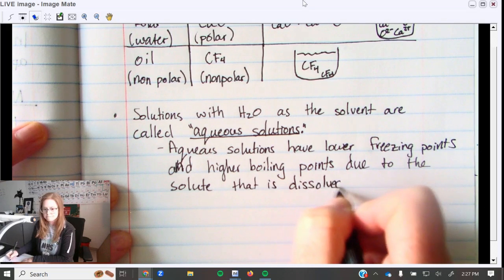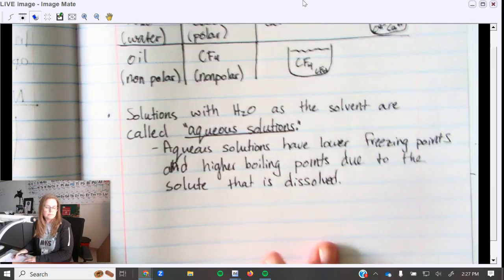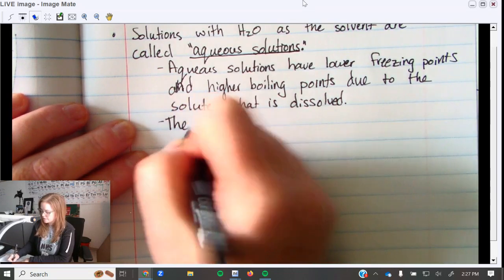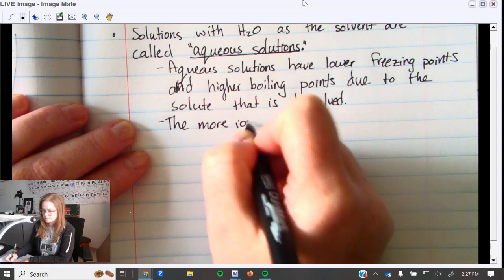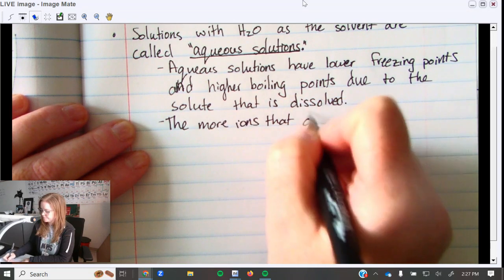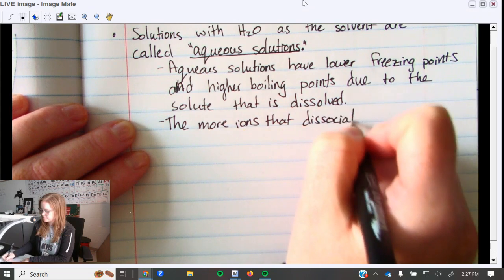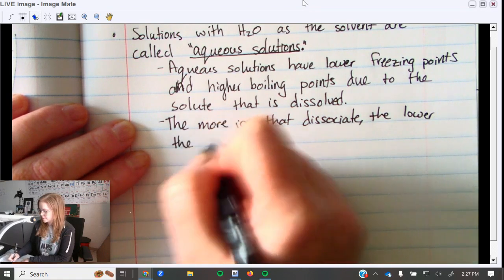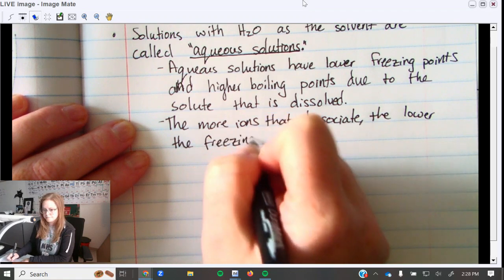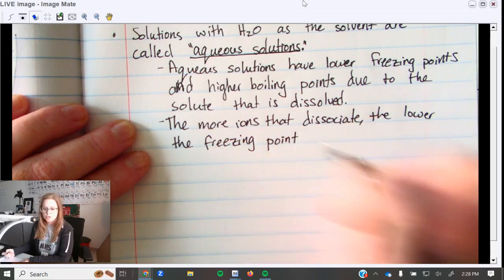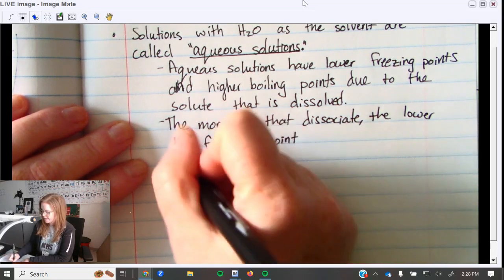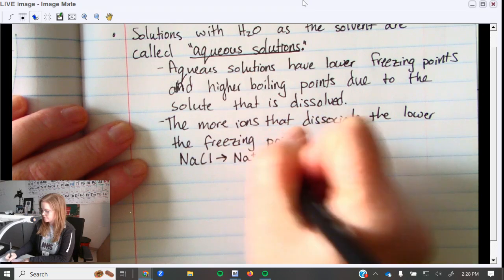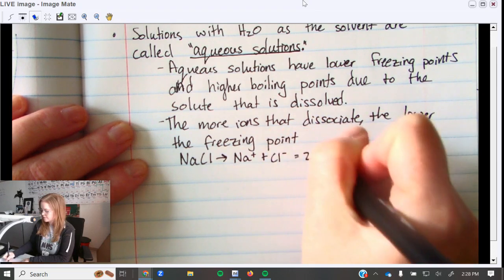Another interesting thing about this is that the more ions that dissociate, the lower the freezing point. So for example, NaCl is going to dissociate into Na plus and Cl minus, which is 2 ions.